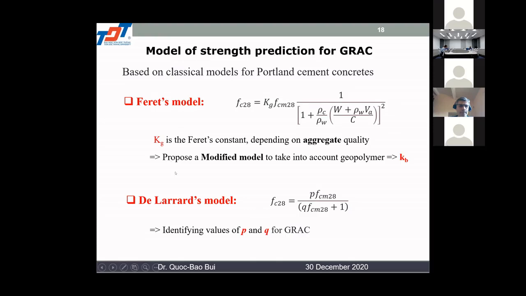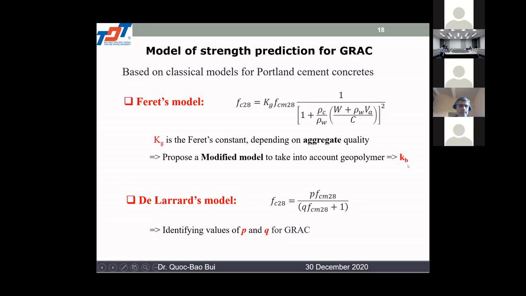Because the Féret model was proposed for cement concrete, now when we use it for geopolymer concrete, we must propose a modified model to take into account geopolymer by using a coefficient KB, K binder.